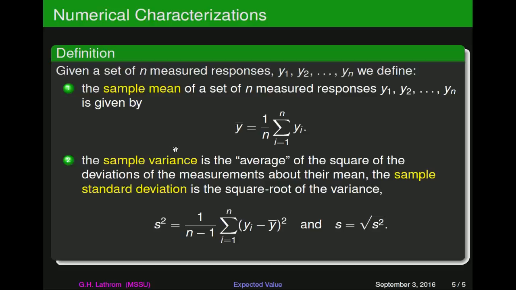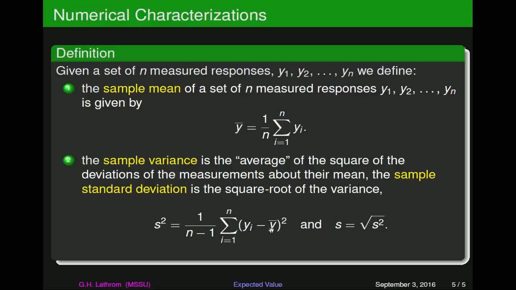And the sample variance is kind of the average of the square of deviations of the measurements from their mean. The sample standard deviation is defined as this computation. To compute it, we would first compute the sample mean. Then from each one of our data points, we subtract the sample mean, square that value, add all of those values together, and divide by n minus 1.